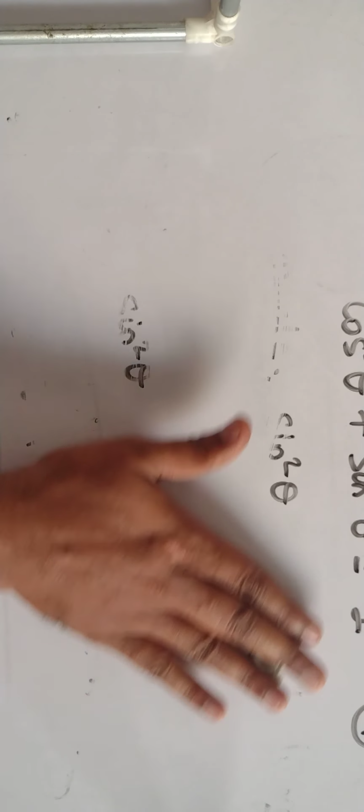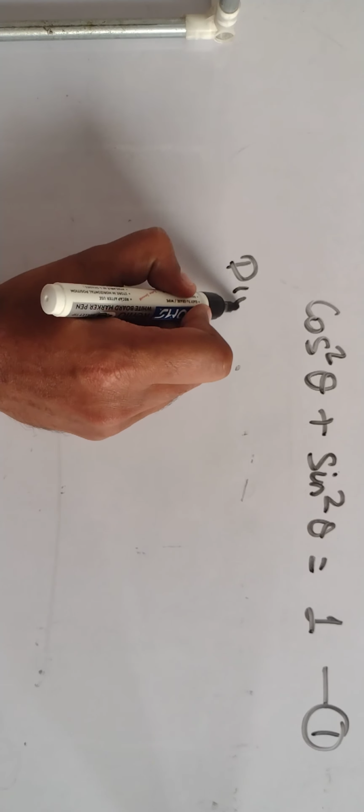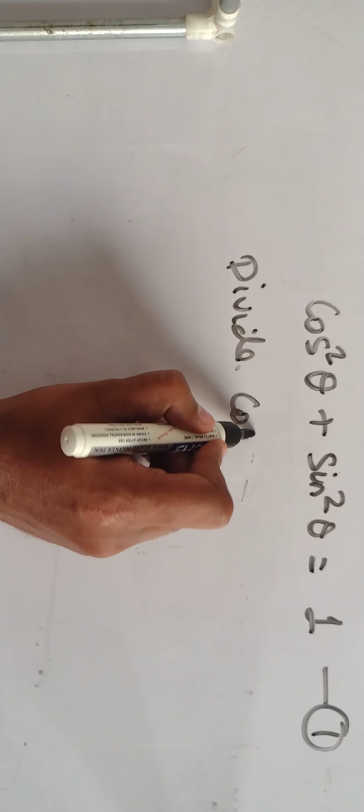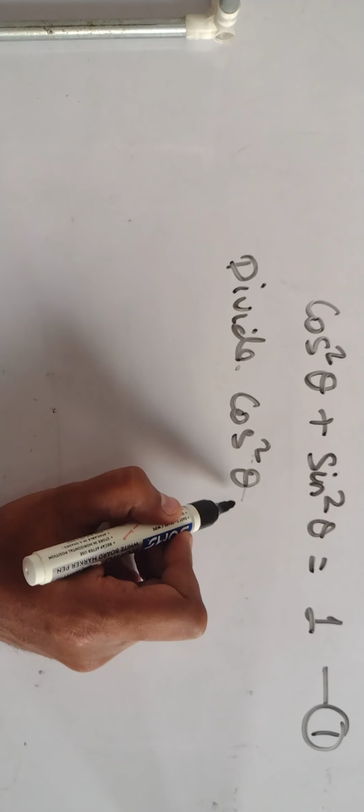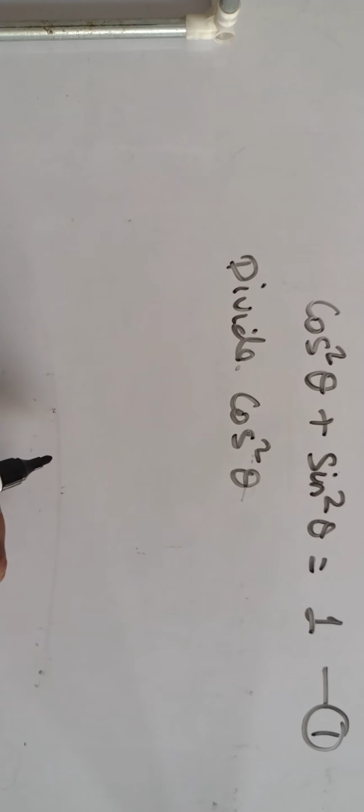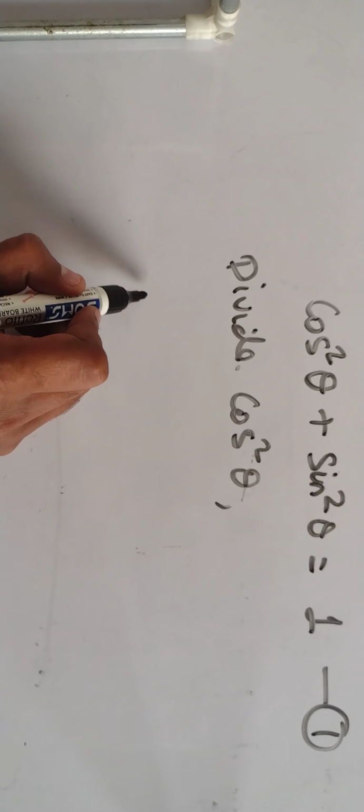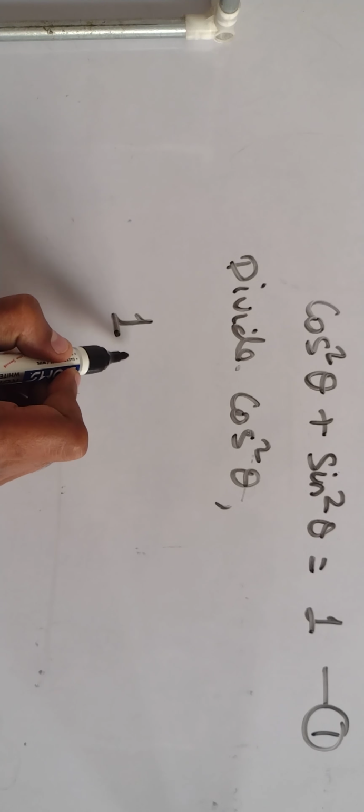Next, if we divide the same equation by cos square theta, what will be the result? Cos square theta upon cos square theta will be 1.